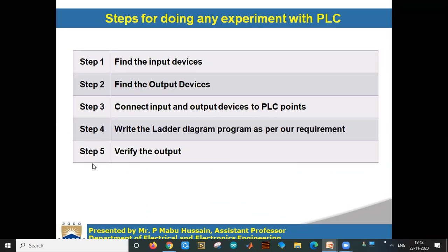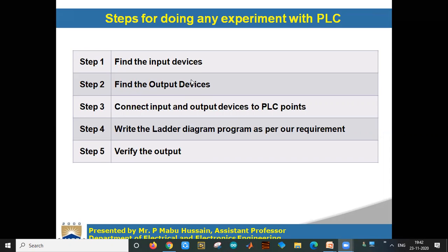You have to find the input devices first, and then in the second step you have to find the output devices. Then in the third step you have to connect the input and output devices to your PLC terminals or points.